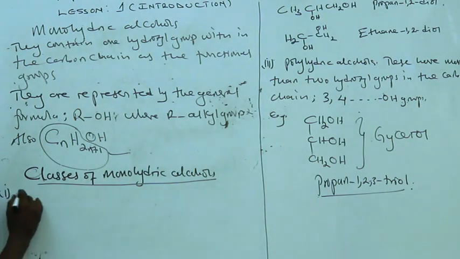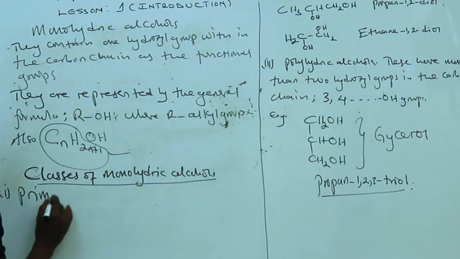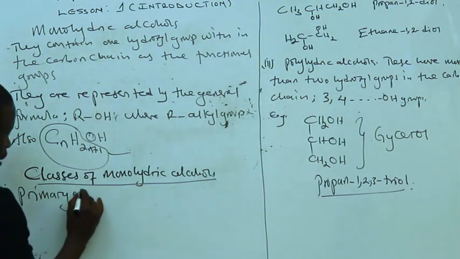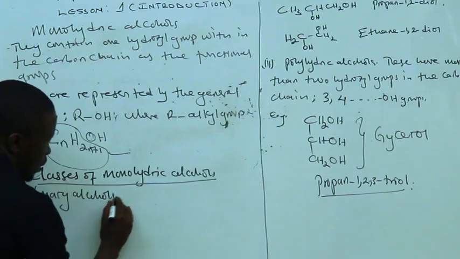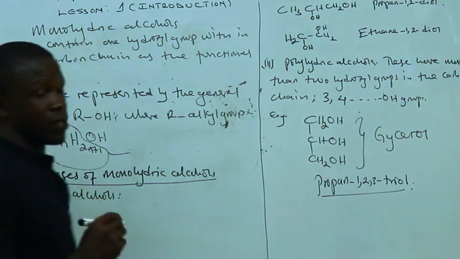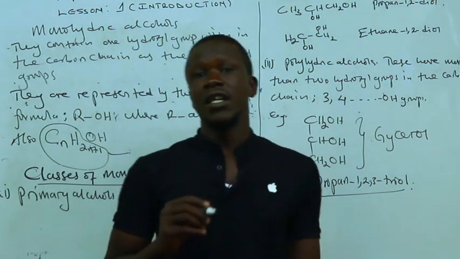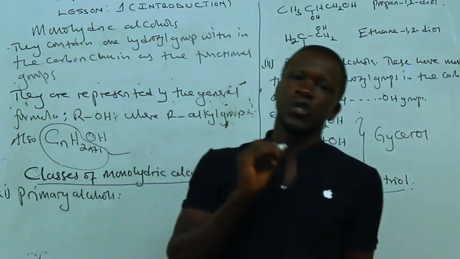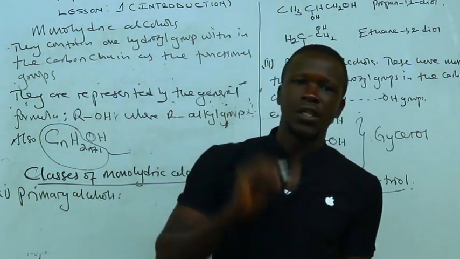So the first class, number one, we call them primary alcohols. There are different ways that we can define primary alcohols. However, one thing that's very important, we shall be emphasizing the carbon atom to which the hydroxyl group is attached.